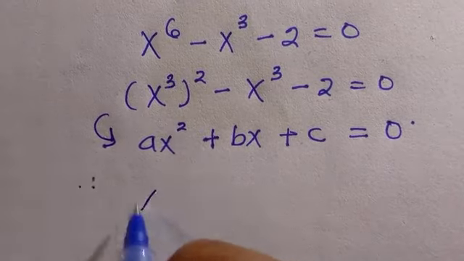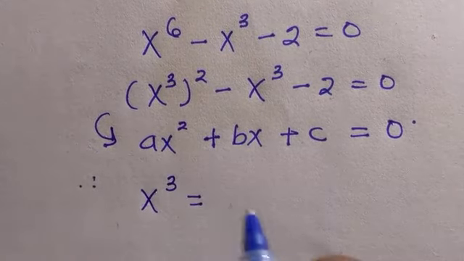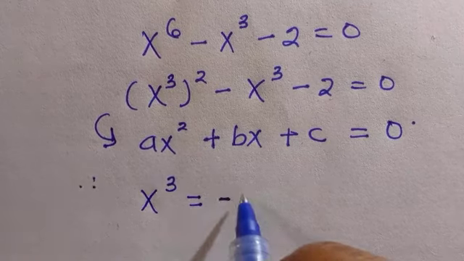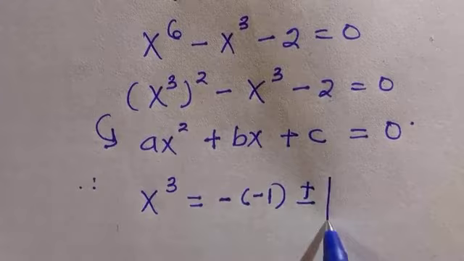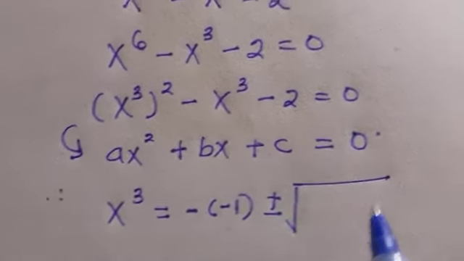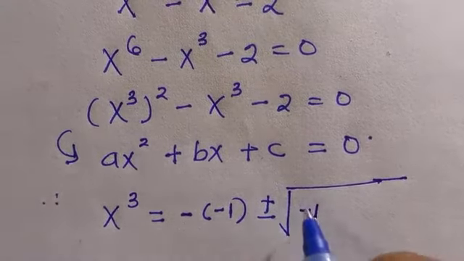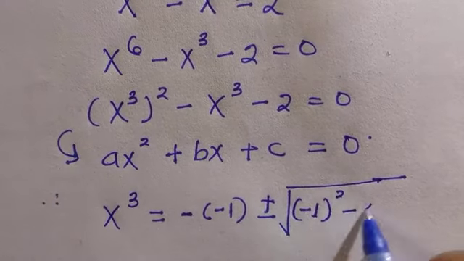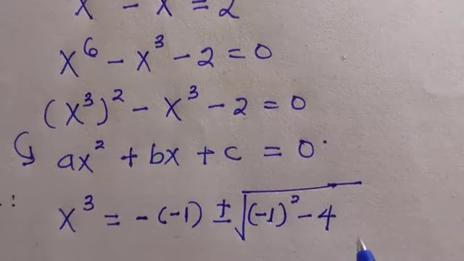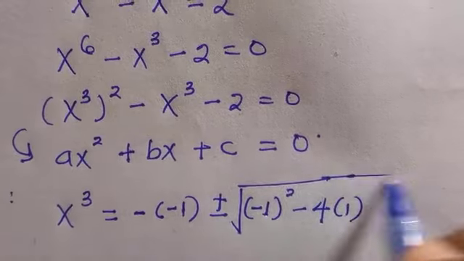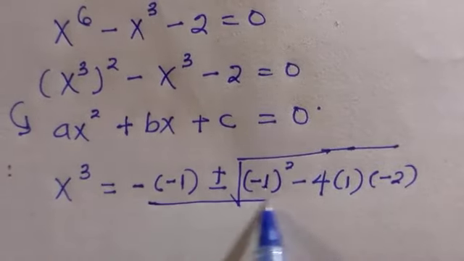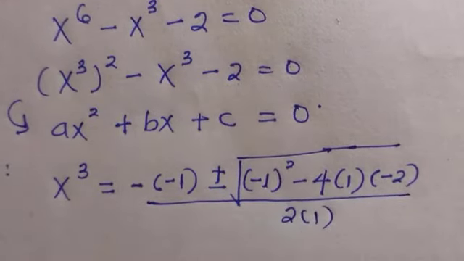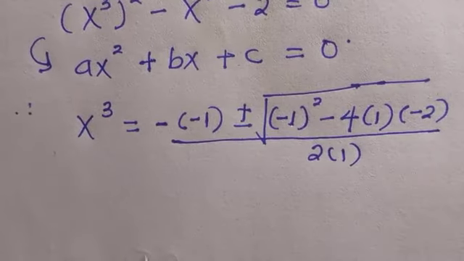So suppose we now choose x cube instead of x, then we have minus minus 1 plus or minus the square root of minus 1 square minus 4, where a still remains 1 and the value of c is minus 2, all divided by 2a, which is 2 multiplied by 1.